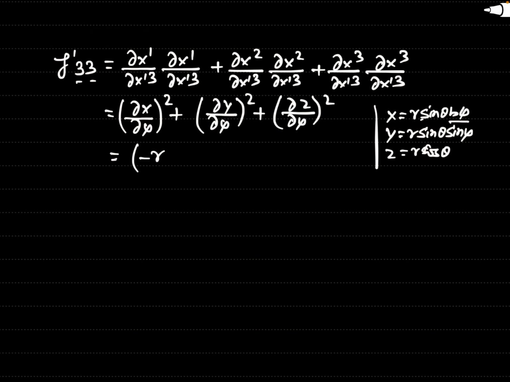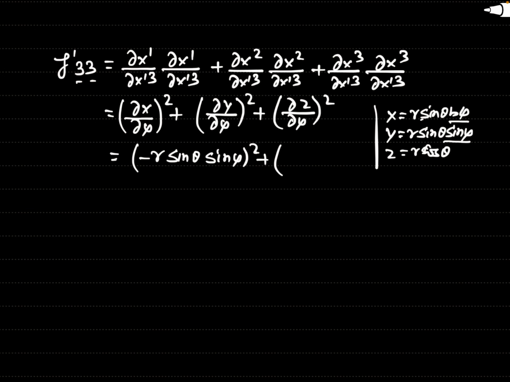So this is minus r sin theta sin phi, squared, and plus, now see, del y by del phi.